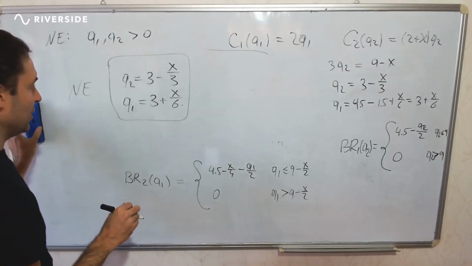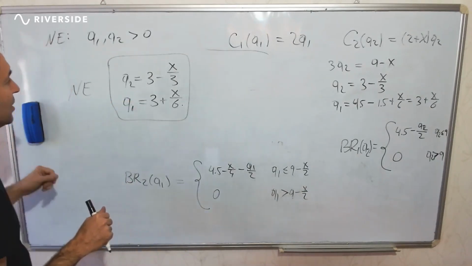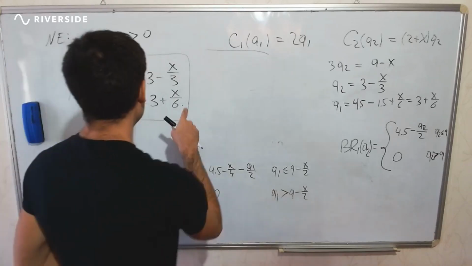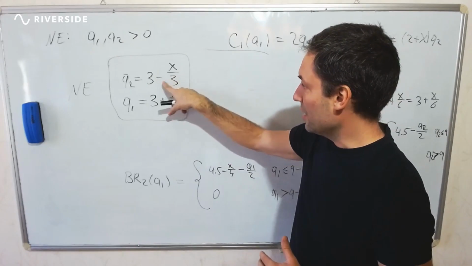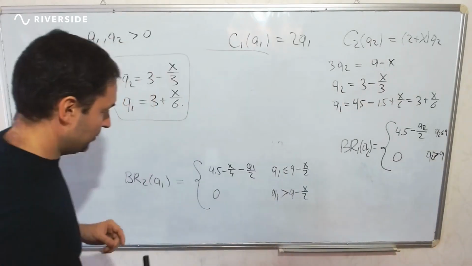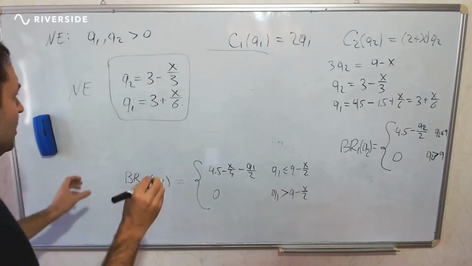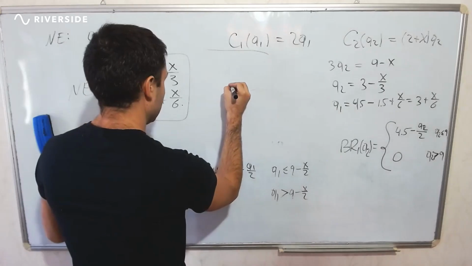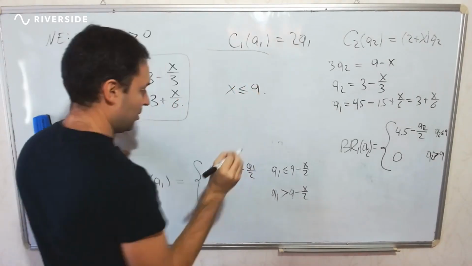That will be true for small x, but when x gets large, Q2 will start getting smaller, and at about 9 it will turn into 0. So effectively, we need to solve for another case. This one holds if x is less than 9.